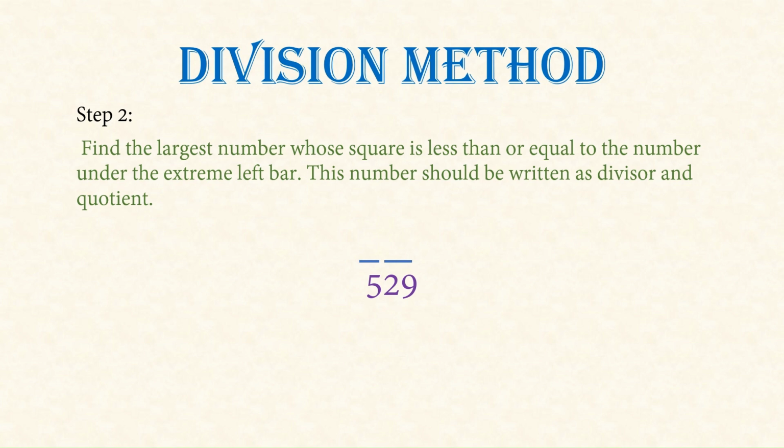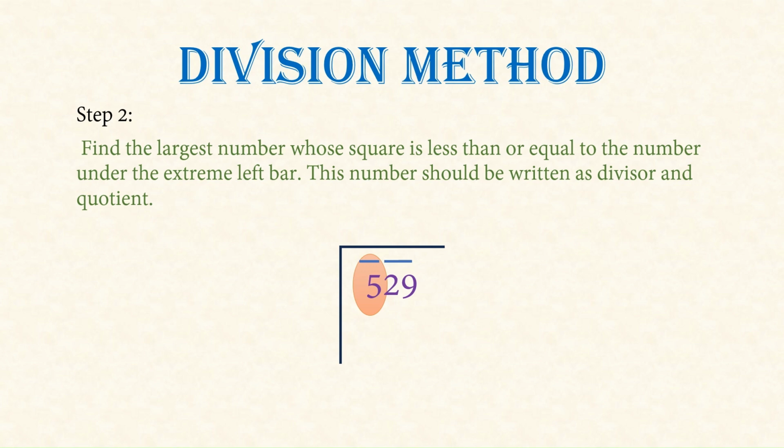Now take the number we have. The first step is to start the division process. This division process will be a little bit different from the usual division process. Now what we are going to do in this division is consider the digits under the extreme left bar. Here we have only one digit, that is 5. Now this 5 is not a perfect square.